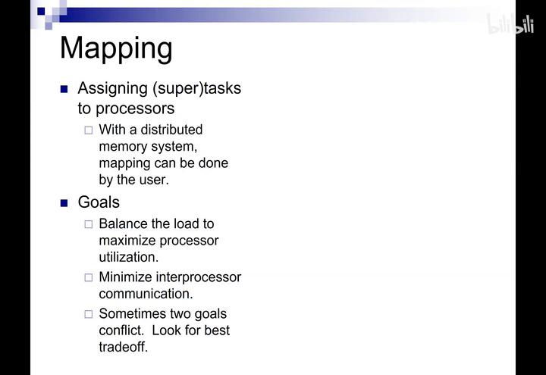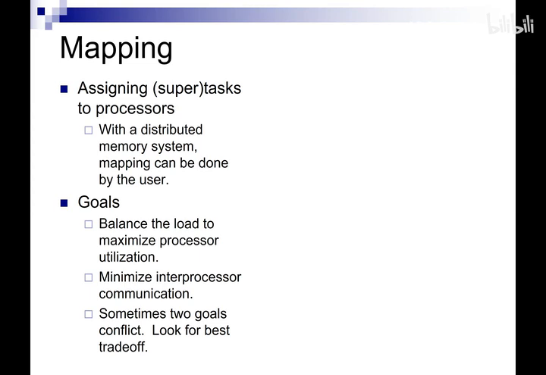Now sometimes these two goals actually conflict with each other. So load balancing and minimizing communication, often you can't optimize for both at the same time. For example, if you want to completely minimize interprocessor communication, then you can just put all of the tasks onto one processor.